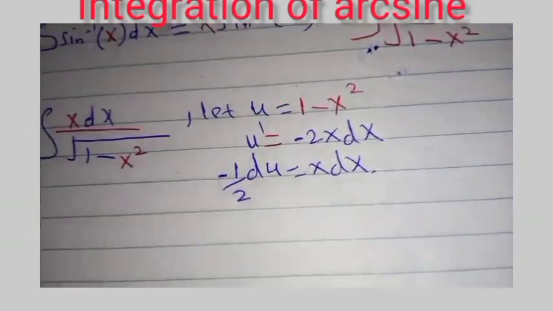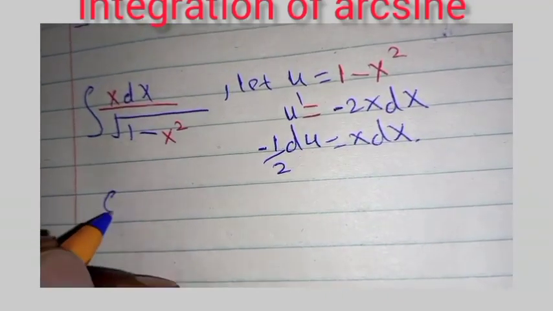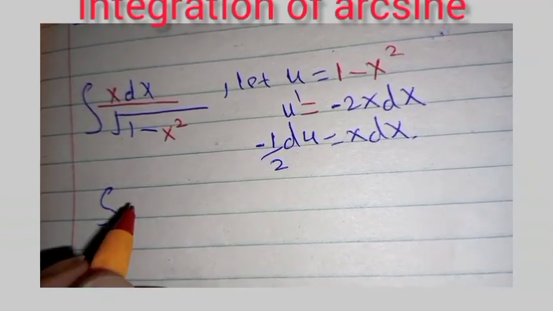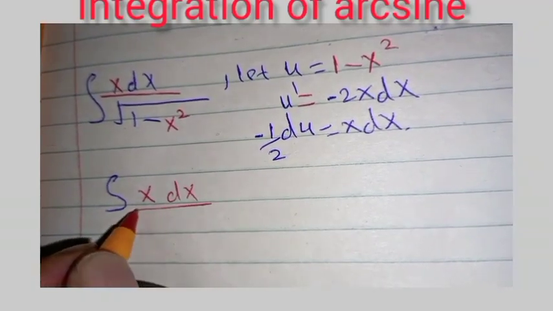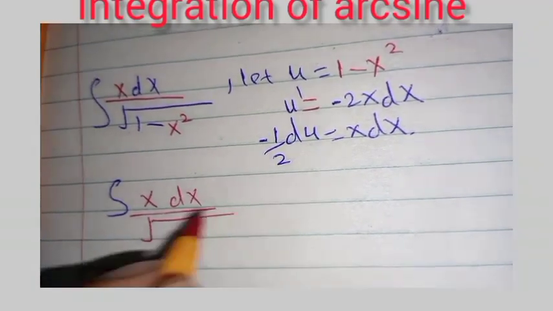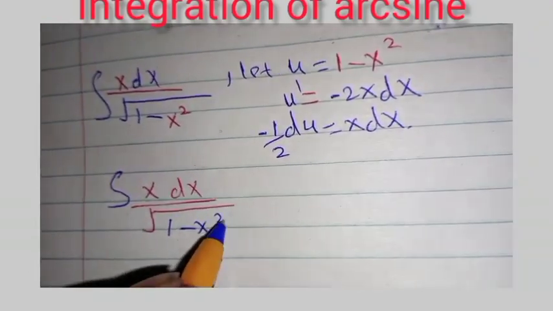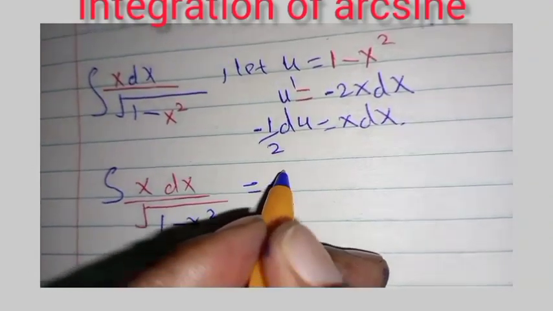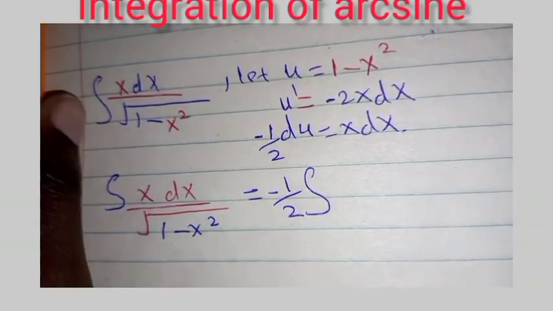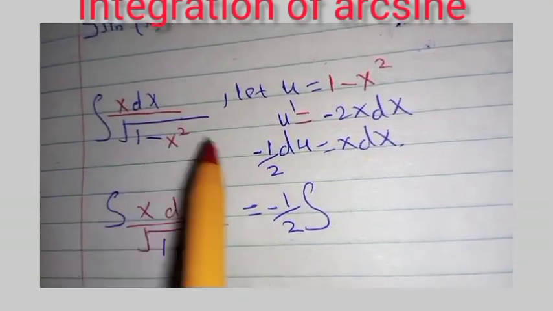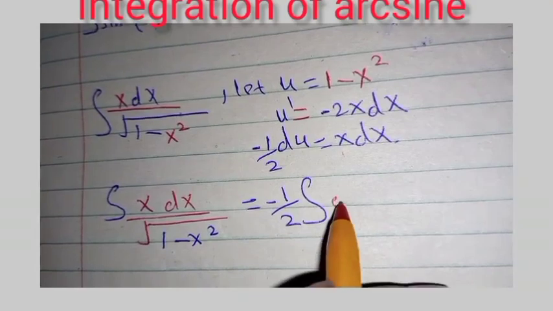Then we come and substitute our result here. The integral of x dx divided by the square root of 1 minus x squared is equal to negative half the integral of du divided by u, since instead of x dx we have du. This negative half is outside.